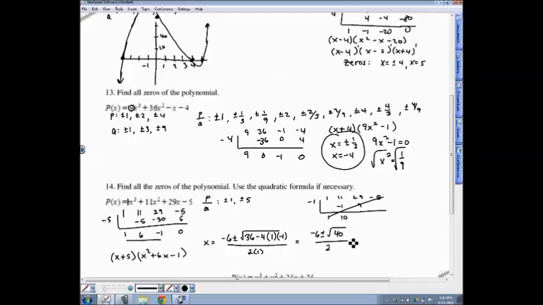And if we simplify the square root of 40, 40 is the same as 4 times 10, or the square root of 4 times 10, which means the 4 is going to come out as a 2. So it's -6 plus or minus 2 square roots of 10 all over 2.